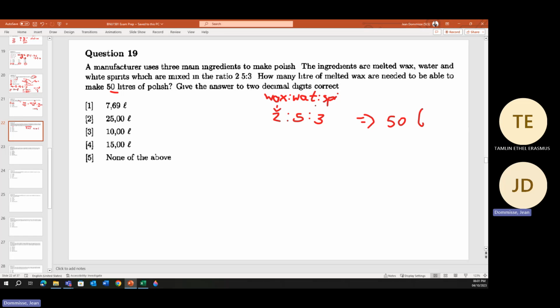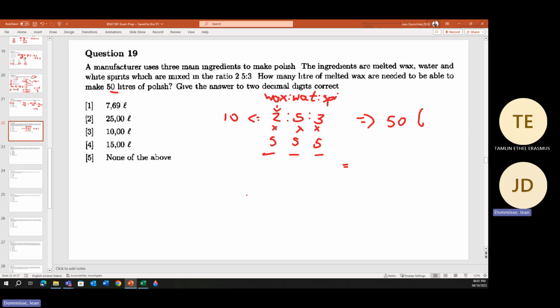So we can look at this in total. This is 10. So if you add the 2, the 5, and the 3 together, we get 10. So the 50 is basically 5 times 10. So we're going to multiply every one of them by 5, so that we can get the number of liters, and then just to check your answer, that should be equal to 50.